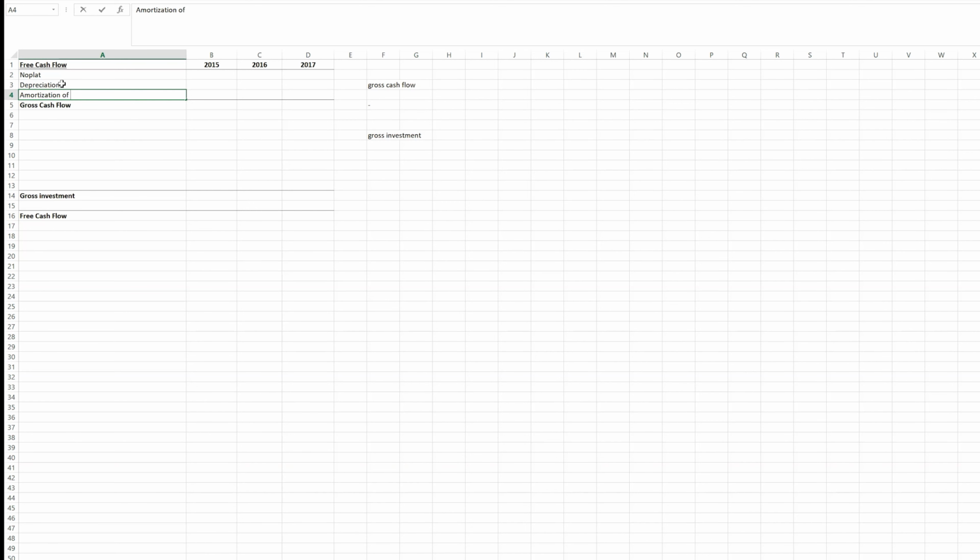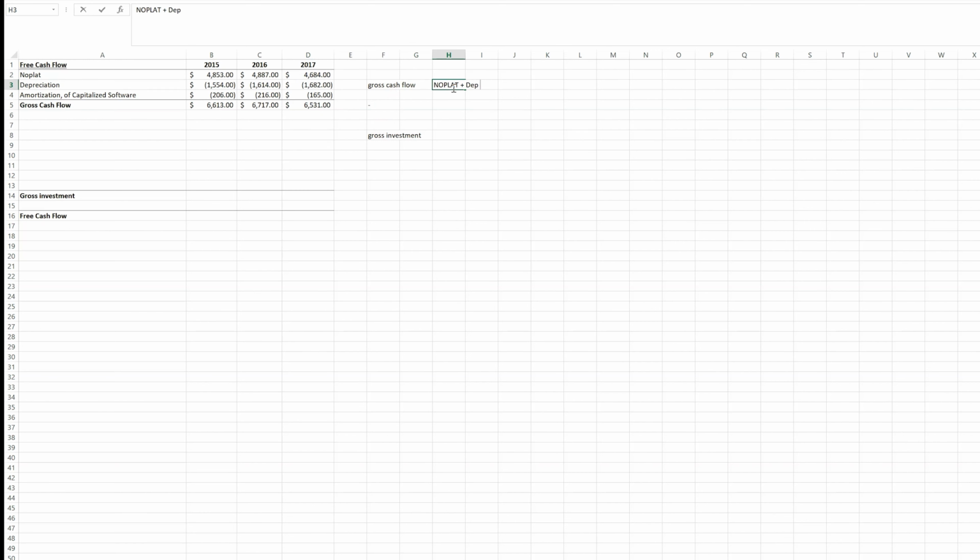Now we are adding these values back in, and so because they're negative, I need to subtract this. These values are both listed as negatives, but I actually want to add them. So the formula for gross cash flow is NOPLAT plus depreciation plus this amortization. Now it is not all amortization.